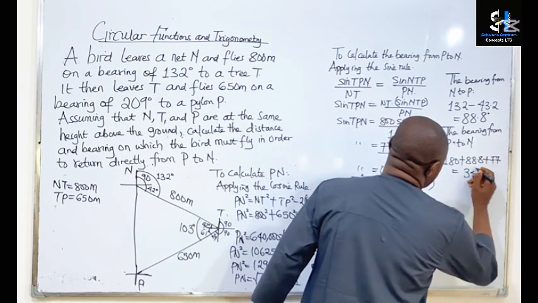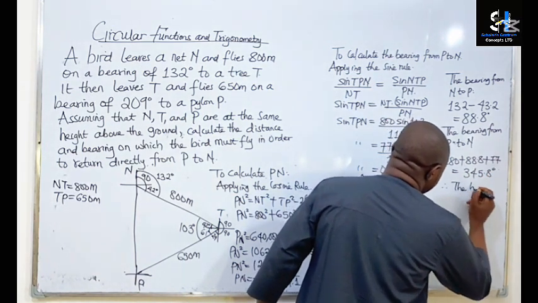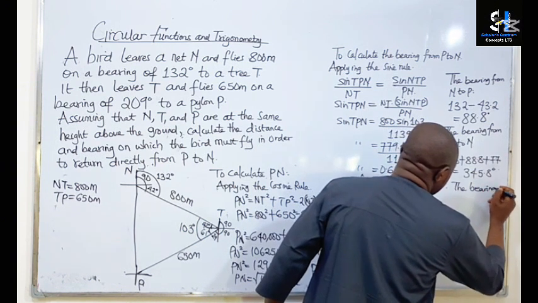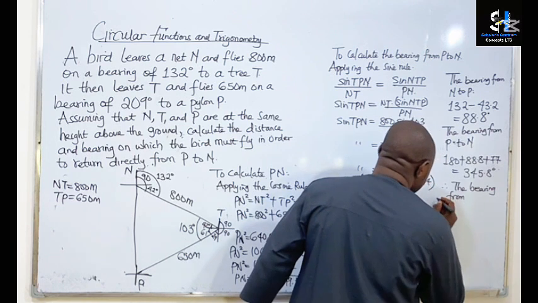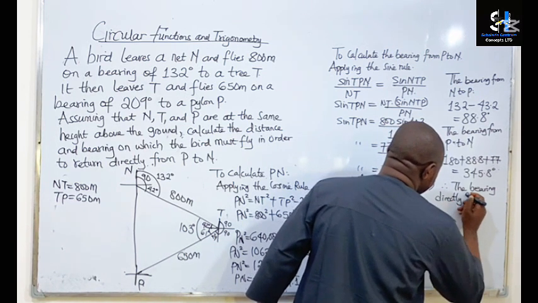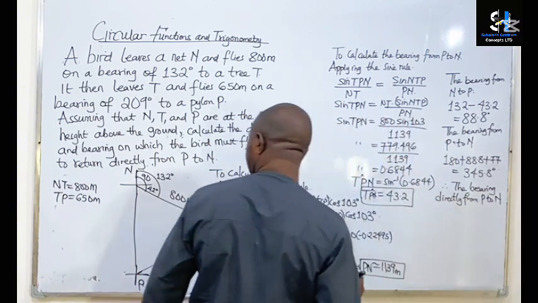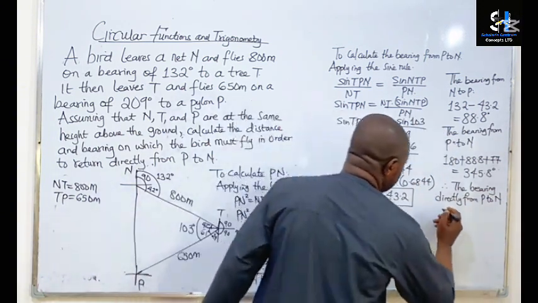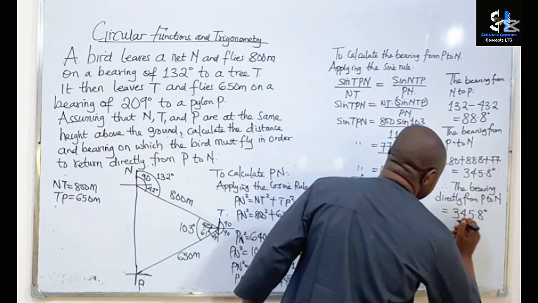This is 345.8 degrees. So therefore, the bearing directly from P to N is equal to 345.8 degrees.